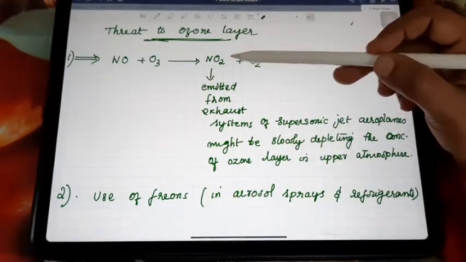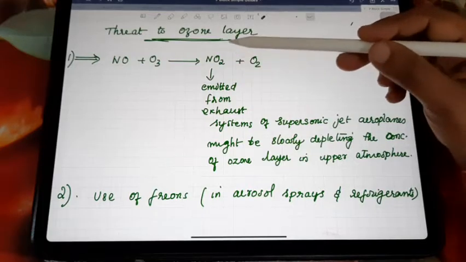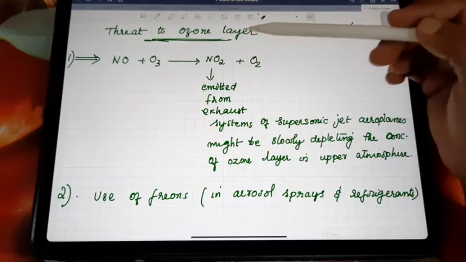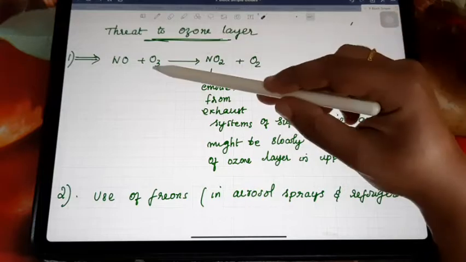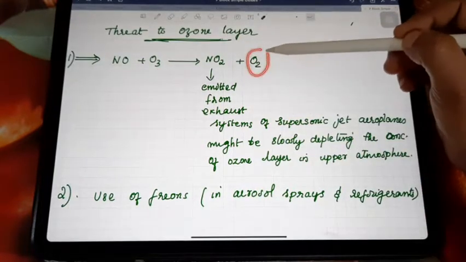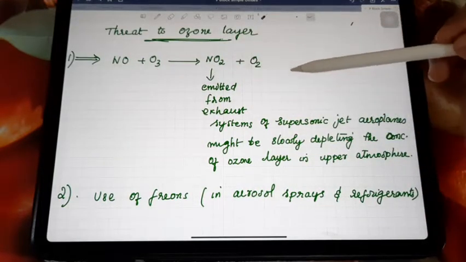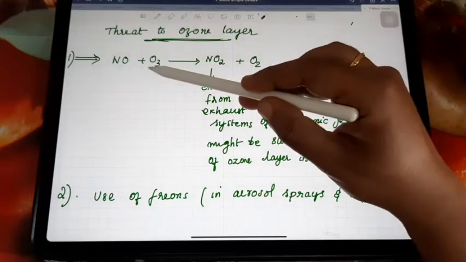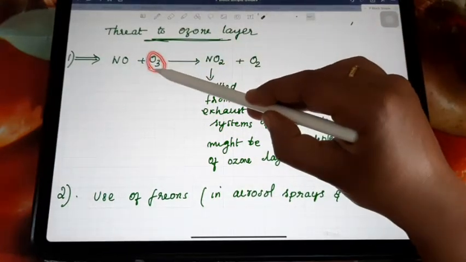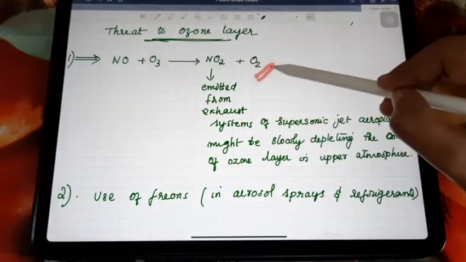When this is emitted from the exhausts of these supersonic aeroplanes, the ozone is depleted and forms oxygen. So supersonic jet aeroplanes can deplete the ozone layer to oxygen.